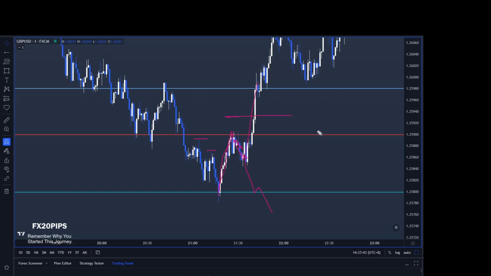Can price go up here, touch it, take a trade, and keep going down? Of course, price can do anything.